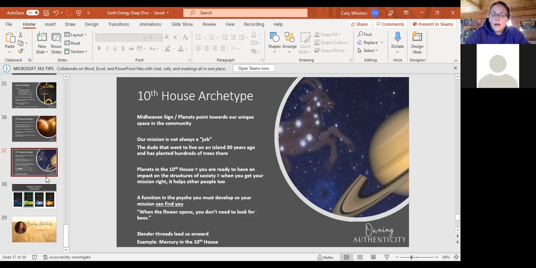And even if you don't have planets in earth, you still have Saturn somewhere in your chart, and you still have Mercury and Venus, even if they're not in earth signs. So we all have the potential to make some kind of impact on this world, be it positive or negative.